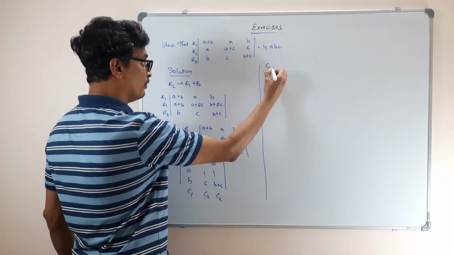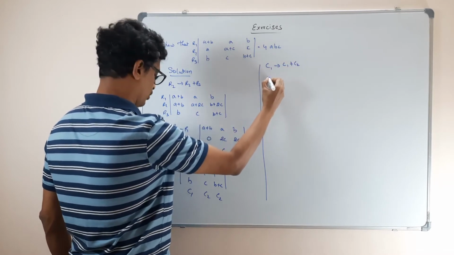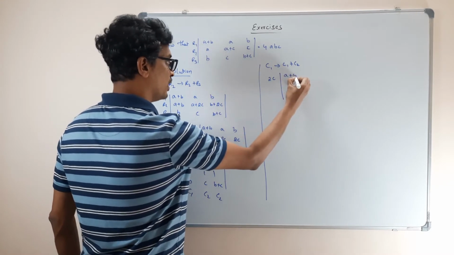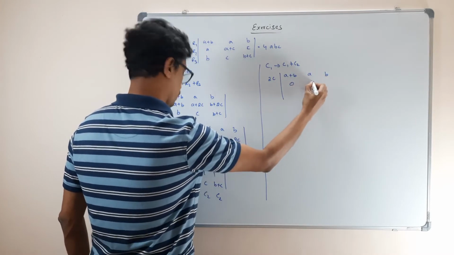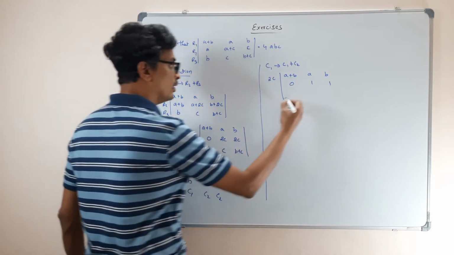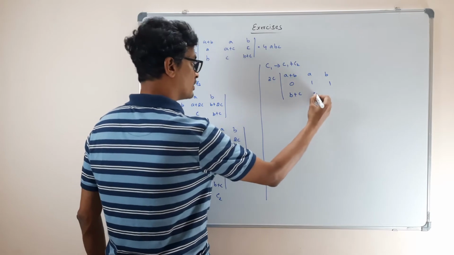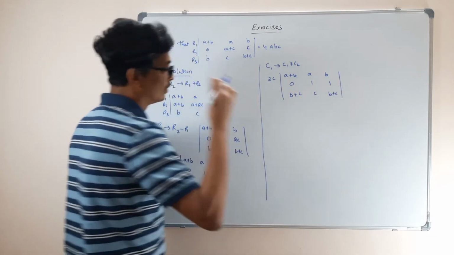C1 will be replaced by C1 plus C2. Tell me what it is. 2C times A plus B, A, B, 0, 1, 1, and B plus C, C, B plus C.